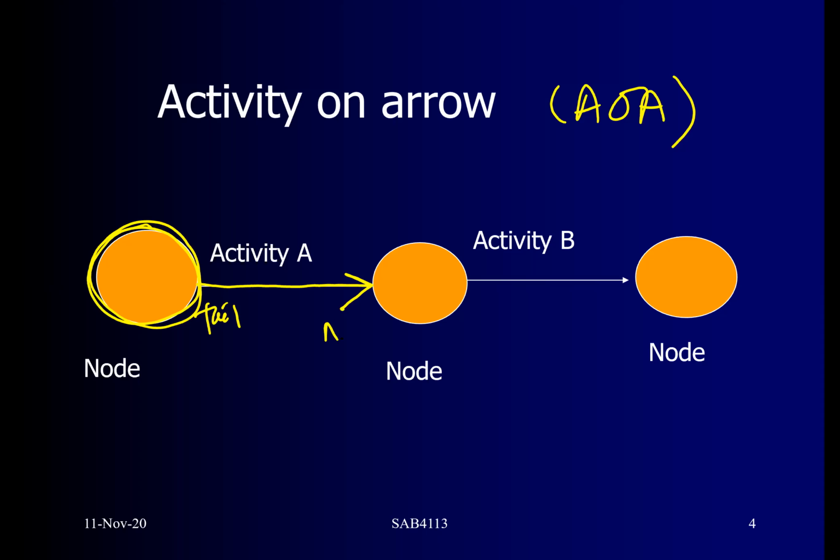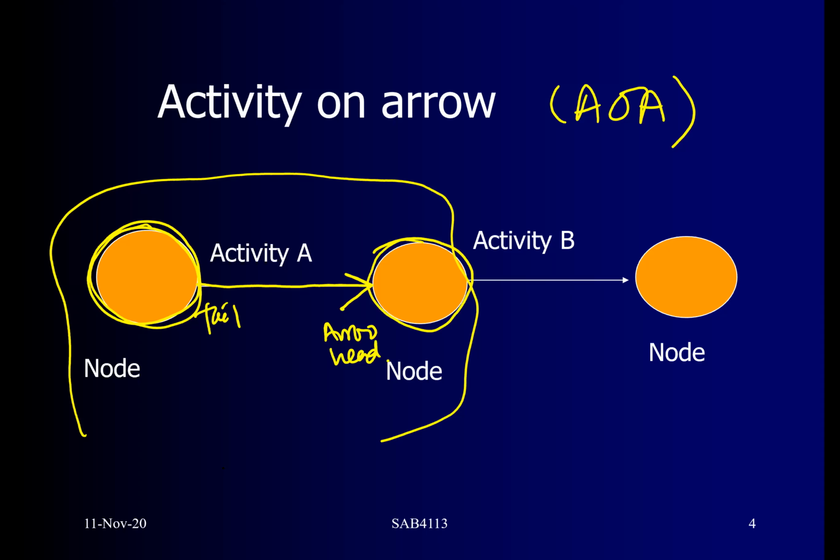This is the arrowhead. The activity is written on the arrow, and that's why AOA is named after it. Then it is closed by another node. So the whole thing indicates an activity.